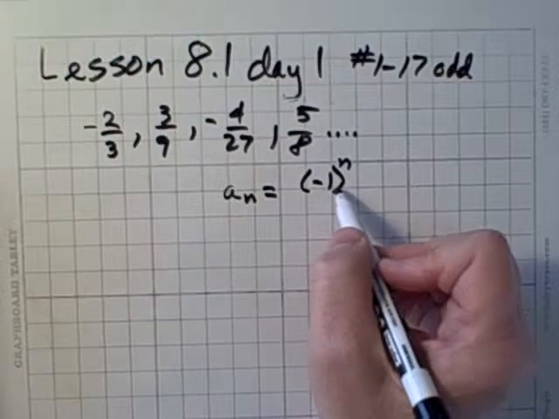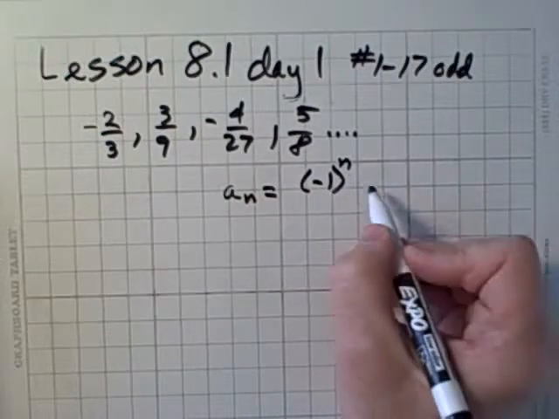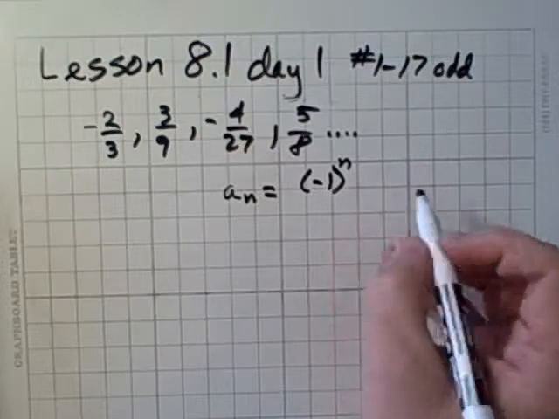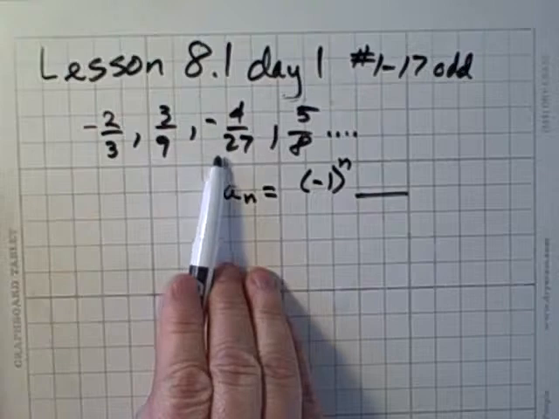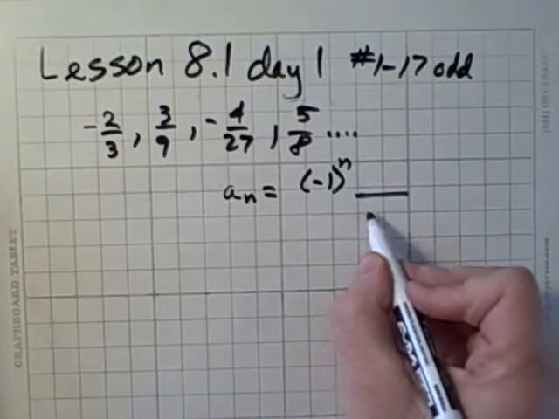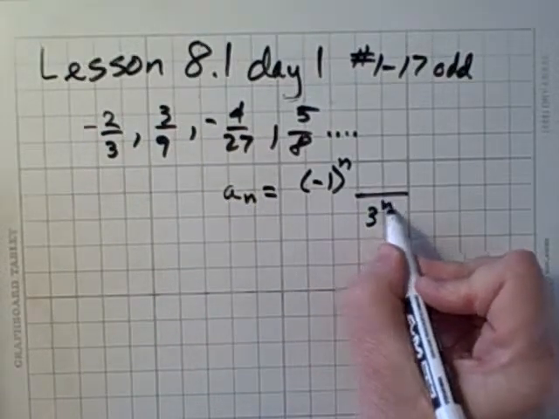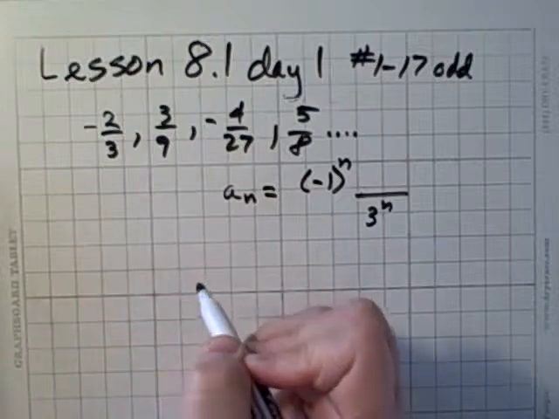Given the first term, third term, the odd numbered terms would be negative. The rest of the pattern appears to be powers of 3 in the denominator, and it does seem as if it's the nth power.